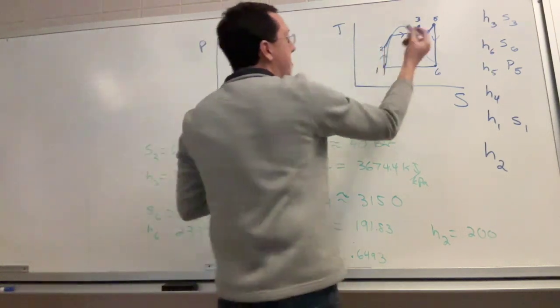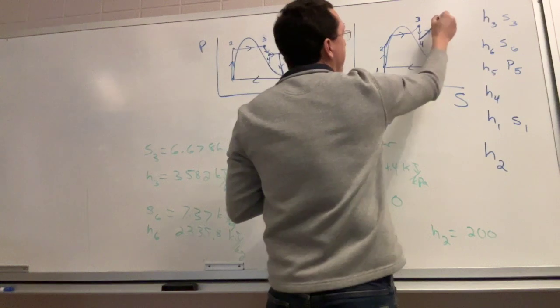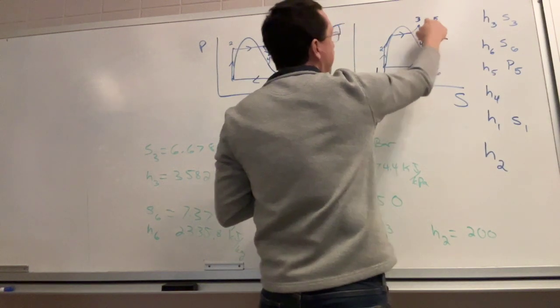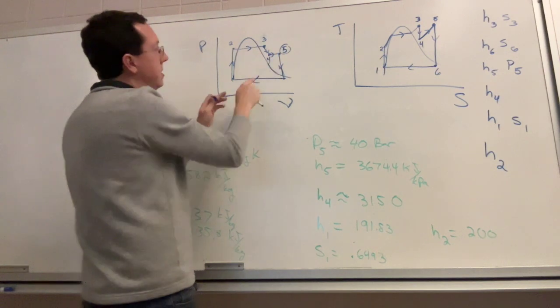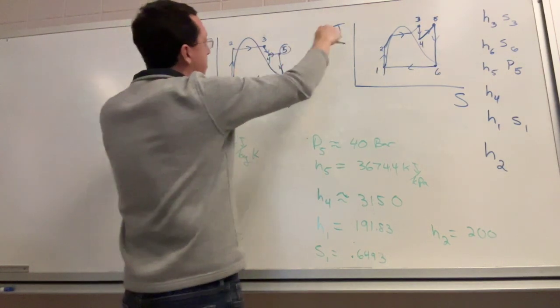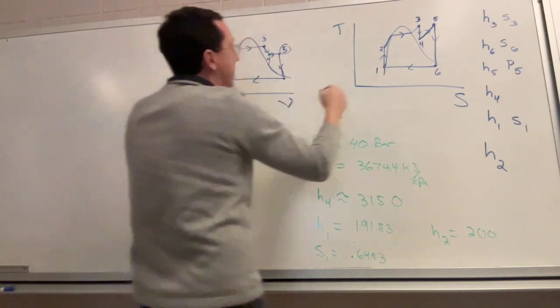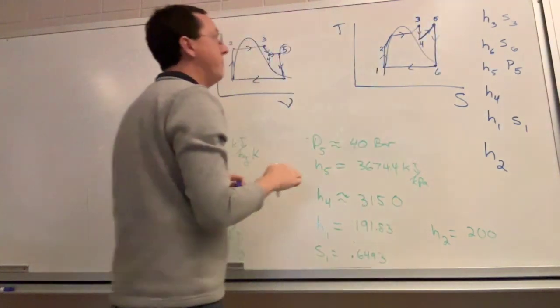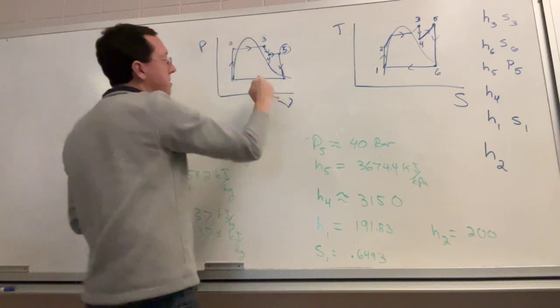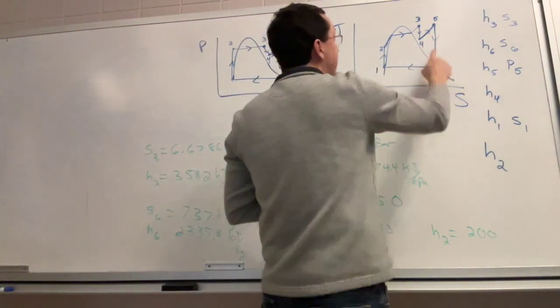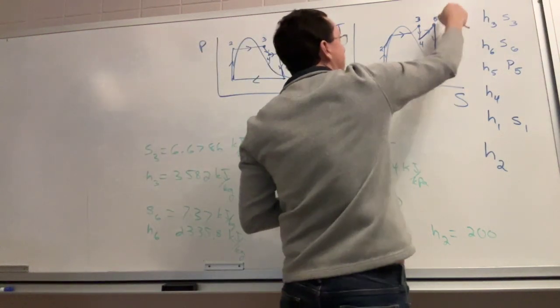So the temperature at state 5 is back up where the temperature at state 3 was. So the pressure is lower than state 3, but the temperature is back up at the same. So on a PV diagram, from 4 to 5 is a horizontal line. On a TS diagram, it's back up at the same temperature.